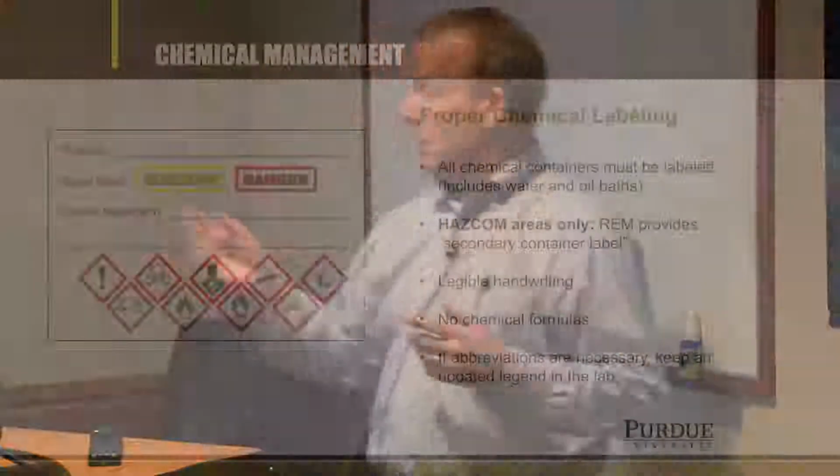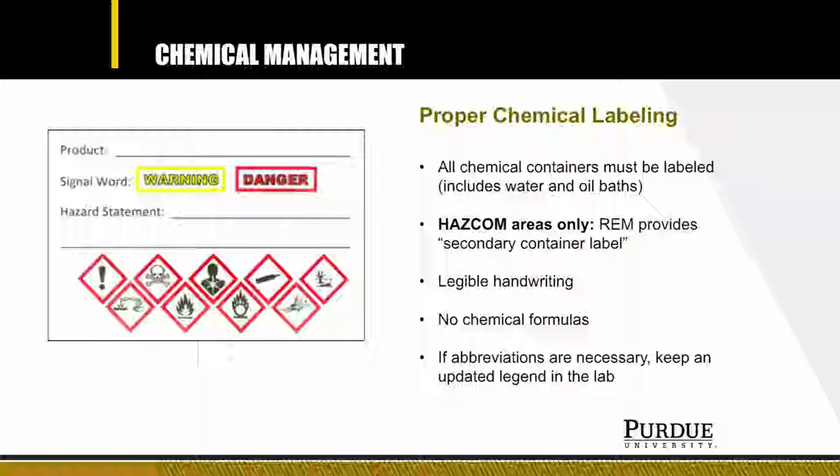As much as possible, keep the stuff in the original containers, but if you must, put it in a secondary container and then label that secondary container. Typically, we have these labels, so if you ever need to put stuff in another container, we can provide you with all these labels.